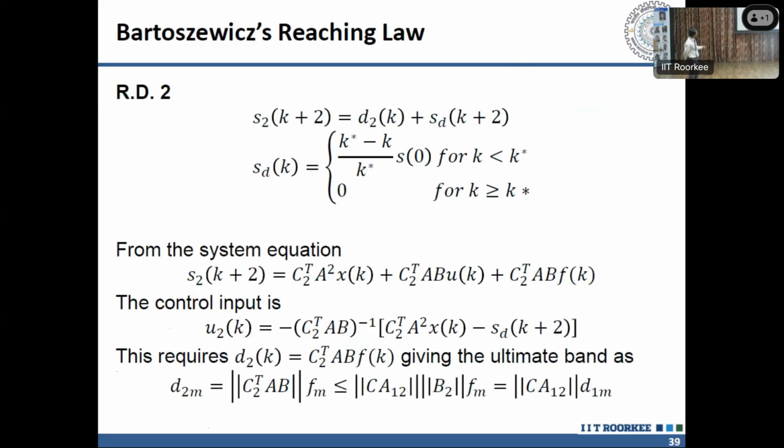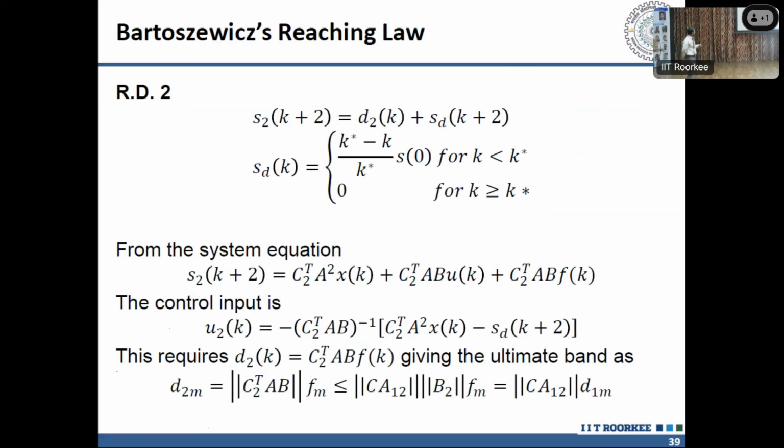Some new control law will be there, and this will require my P2K to be this, and that means that the maximum bound of the norm of E2 can now be calculated in this way, and that is CA1 to D1. Finally, we are coming up like you see here. Some inequality we have used, and we can separate this out. D2 comes out. D2SM already was D1A. This is CA1 to D1. What does this mean?